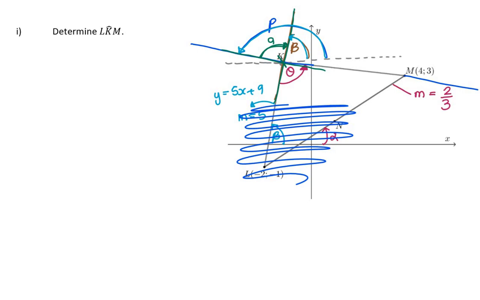Now, fortunately for me, I know all these gradients. I don't want to be working out a million gradients every time, so I don't want to just launch in before I know what I'm doing. That gradient I know was negative 1/5, and this gradient I know is 5. So I don't actually have to do much work.